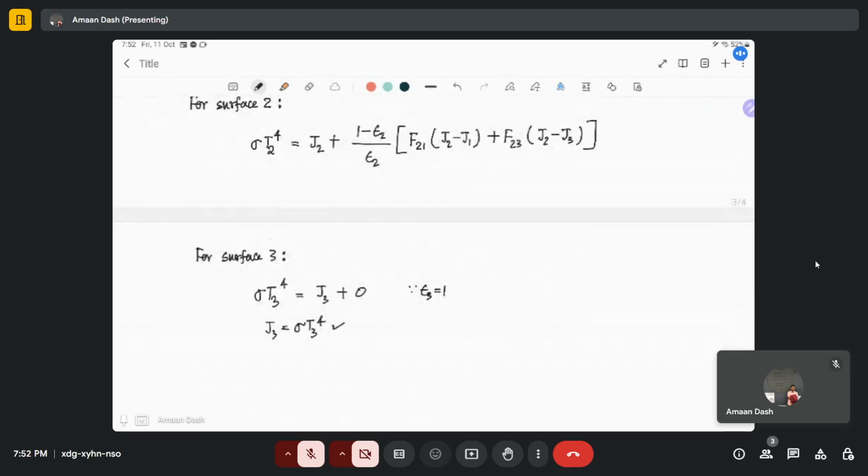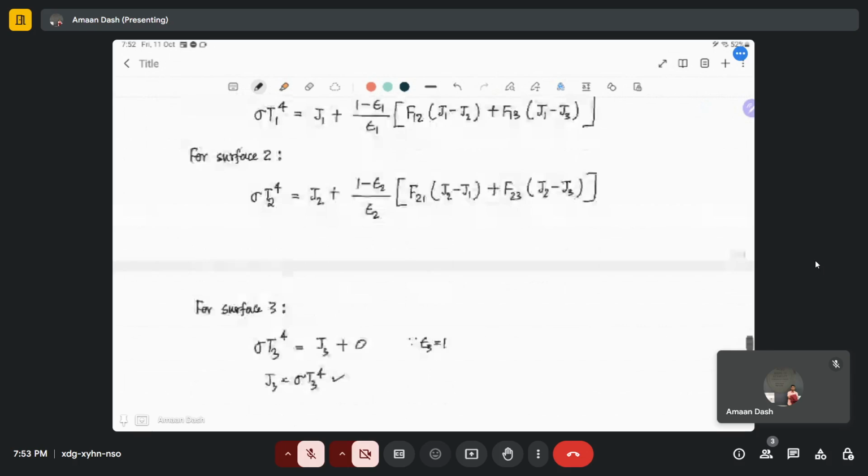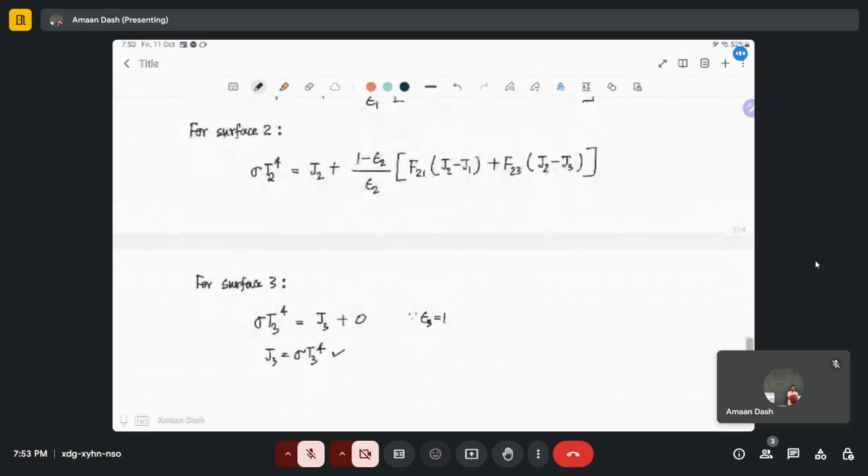From 1 to 2, we will be having 2 to 1. We have J2 minus J1 plus F2 to 3, J2 minus J3.